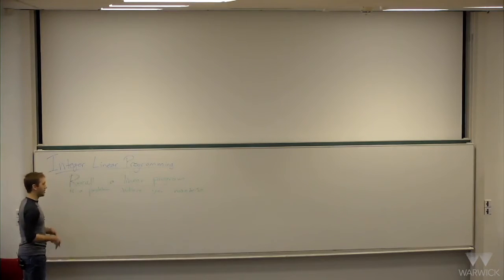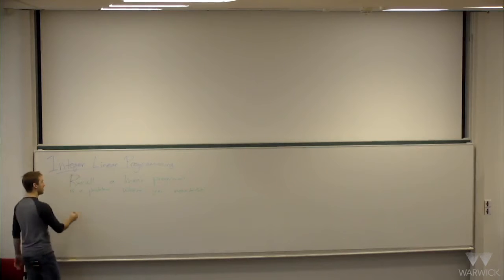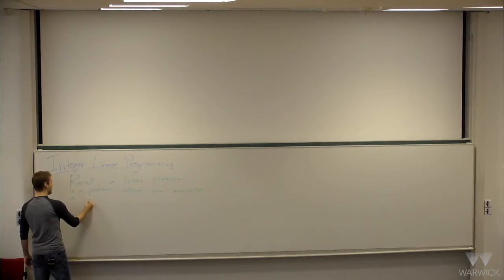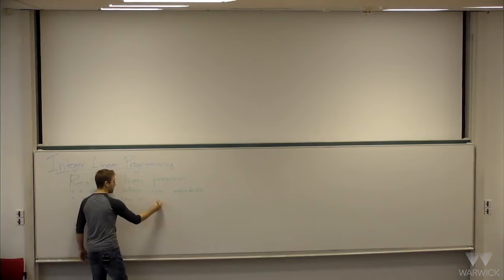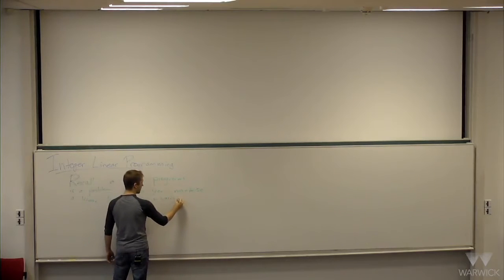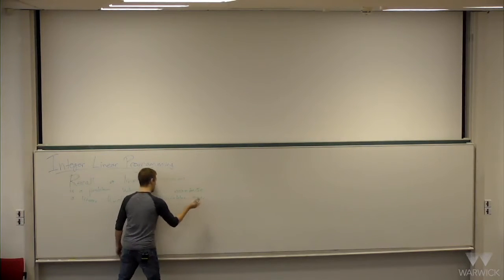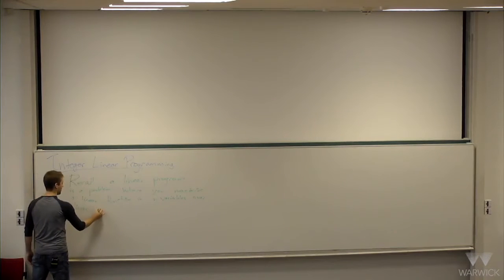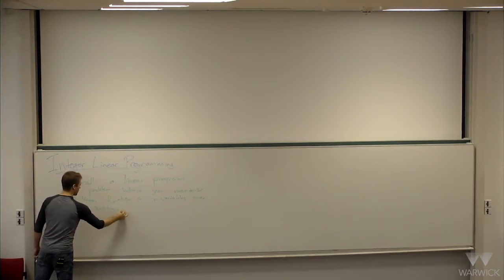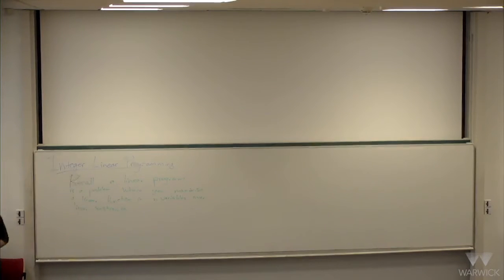I'll just say maximize, but it also works for minimize, a linear function in n variables over some sort of linear constraints, right? So linear programs basically looked like this.